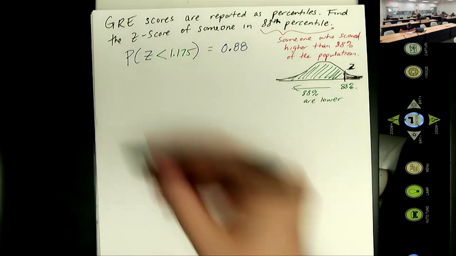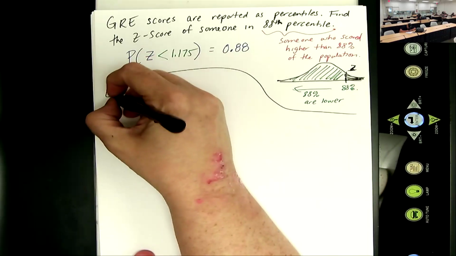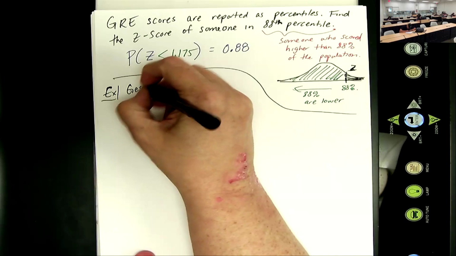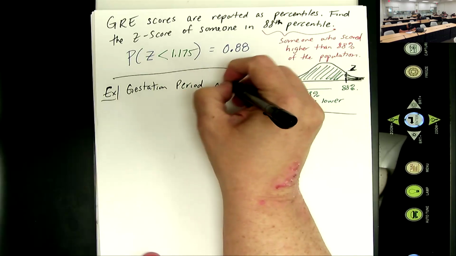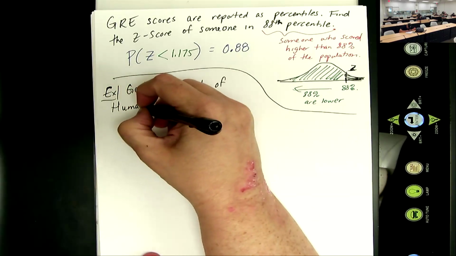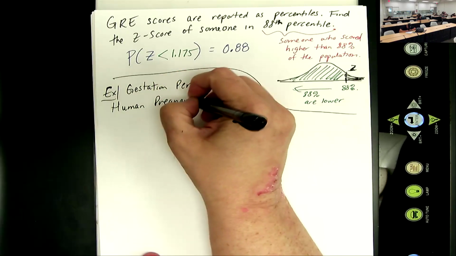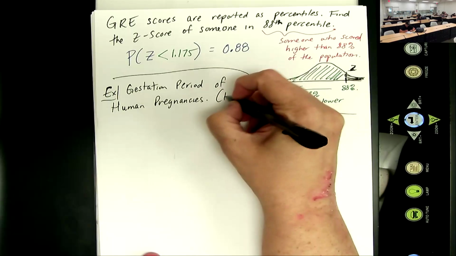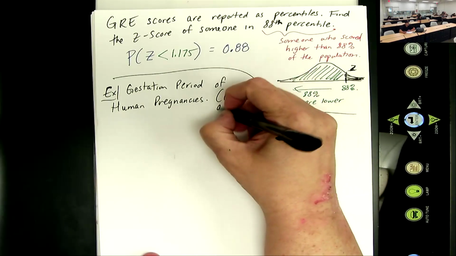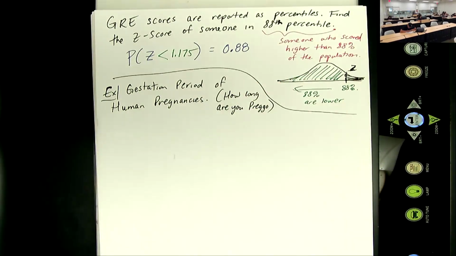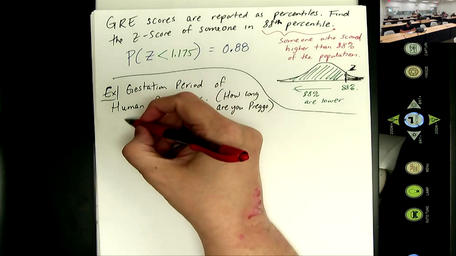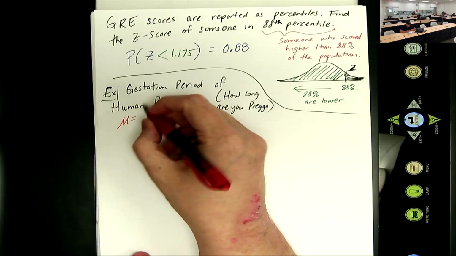Alright, another example: gestation period of human pregnancies. How long are you pregnant? These tend to change as time goes on, but not by a lot.